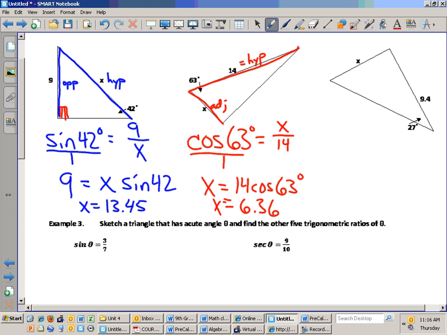Here I multiplied. You can see x times 1 is x. So I have 14 times the cosine of 63. Please do the last one on your own.